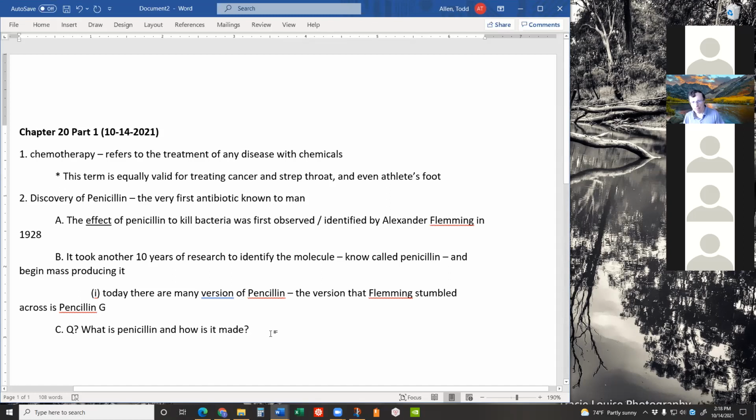Penicillin is a molecule that has the structure you see in figure 20.6, and it is made by, in this case, a species of mold. And you remember from your studies from chapter 1 that mold is a type of fungus, right? So we have a mold, which is a type of fungus, which manufactures this molecule naturally.